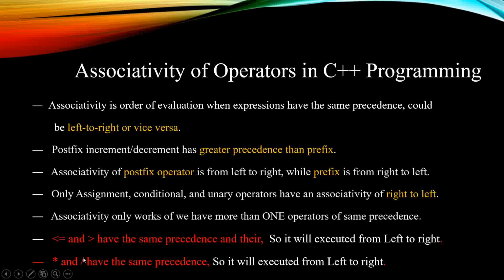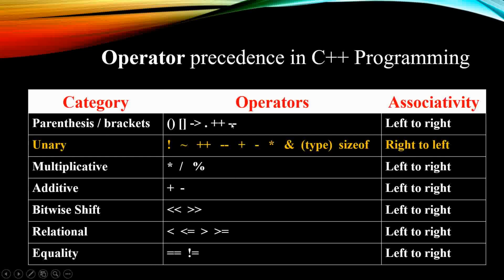So in this context, if you find multiplication and division together, whichever comes first is executed first. So always from left to right. Okay, so operator precedences in C++.